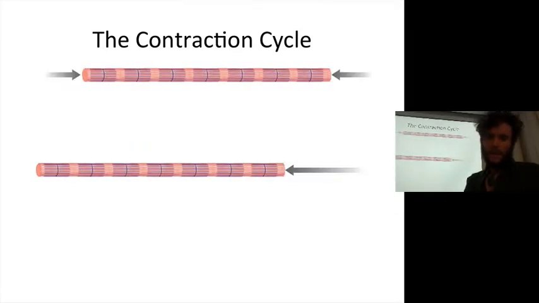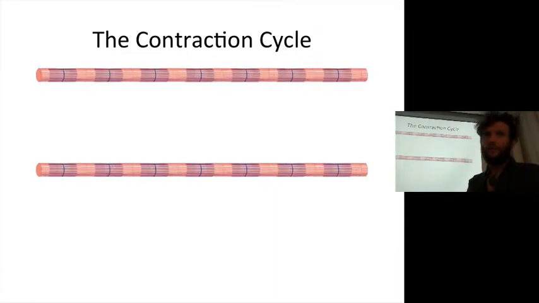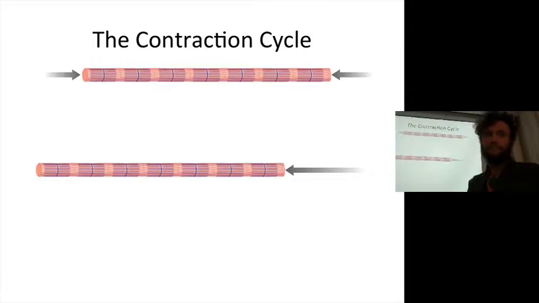So you can see how the A bands stay the same width, but it is the pink I bands that are getting shorter as the zone of overlap gets shorter. Is that giving people a headache? Yeah. And the H bands also decrease. Absolutely. Yeah. The H bands get smaller at the same rate that the I bands get smaller.